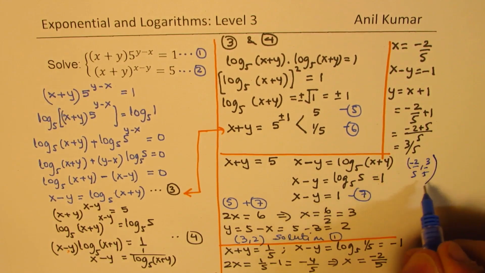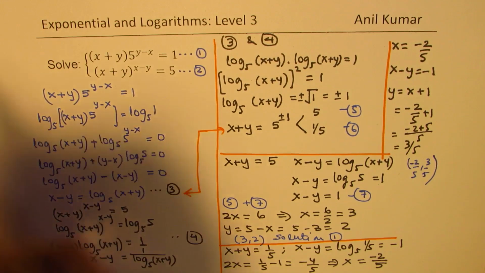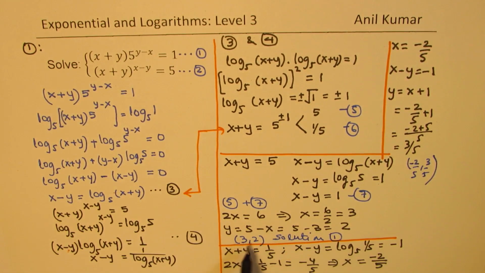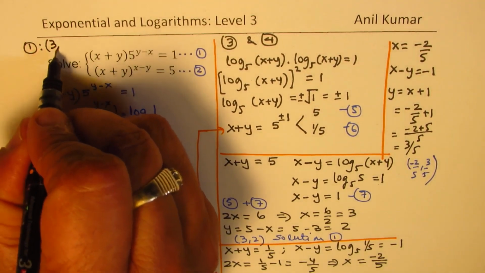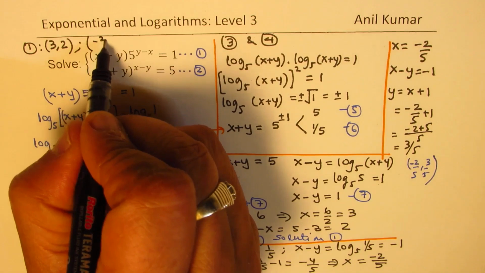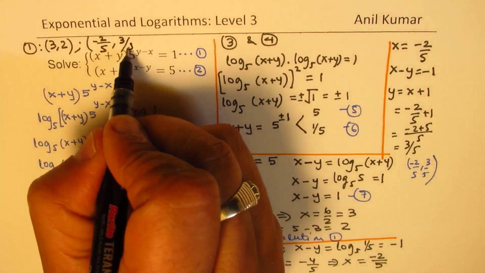Is that clear to you? So that is how we are getting the solution for this particular equation. So we have two solutions here. We have solution 1, which is the coordinate point 3, 2. And the other one is minus 2 over 5, 3 over 5.